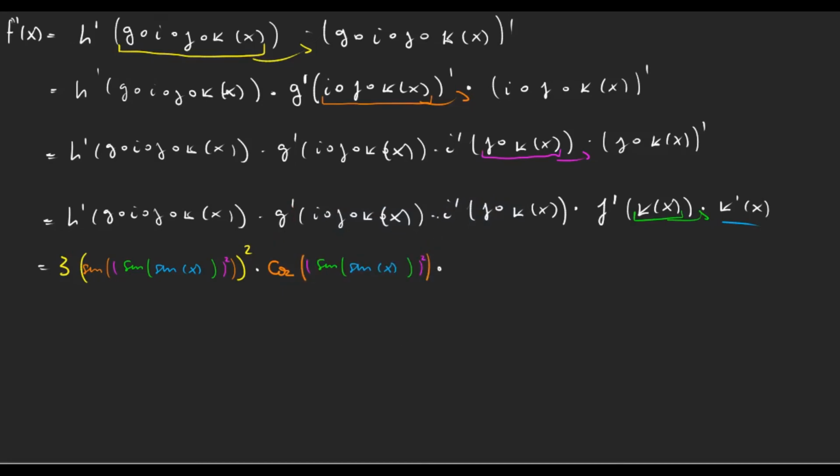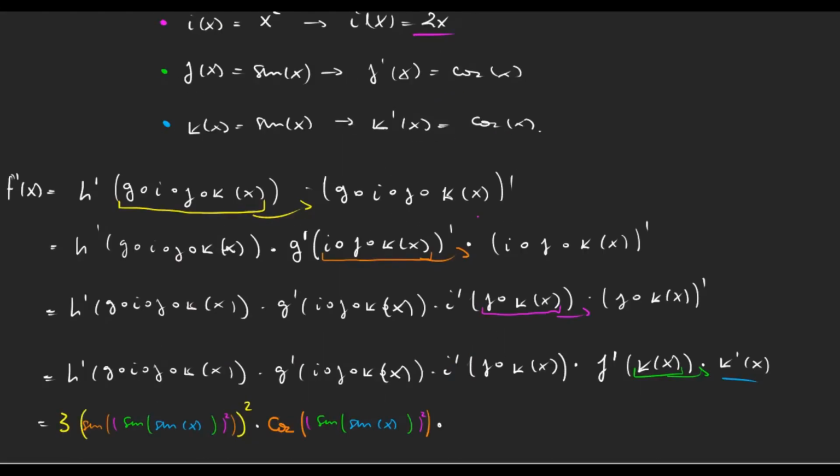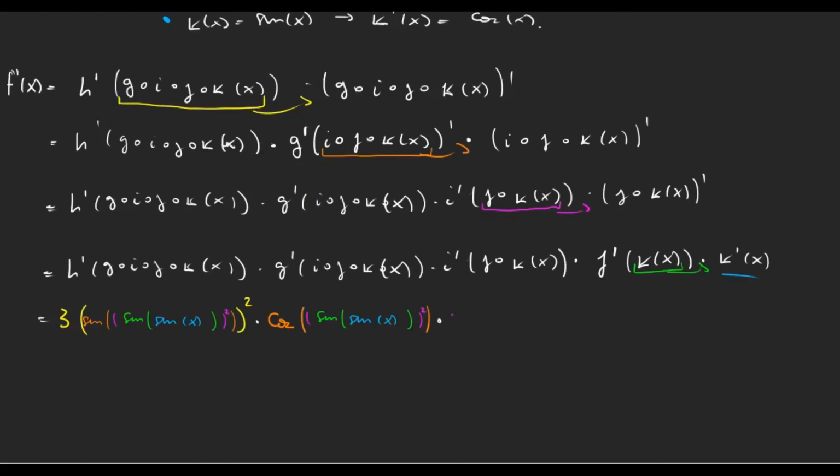So again, multiplied by i prime, which is 2x, so we have 2 times something, and that something is going to be what's here, so it's going to be the sine of x.